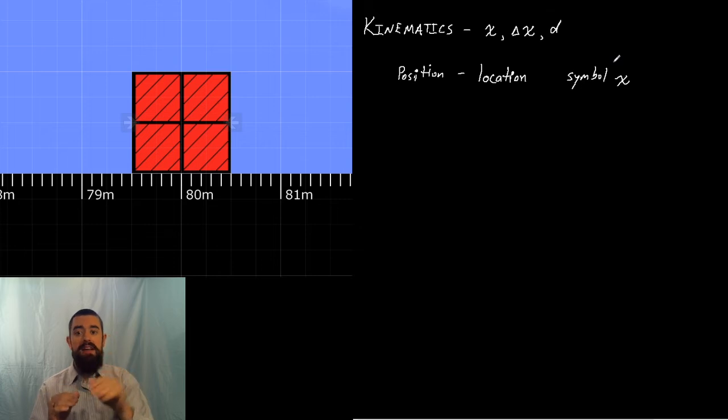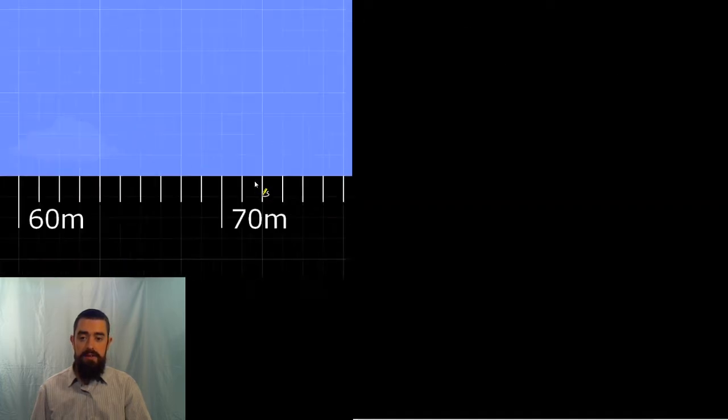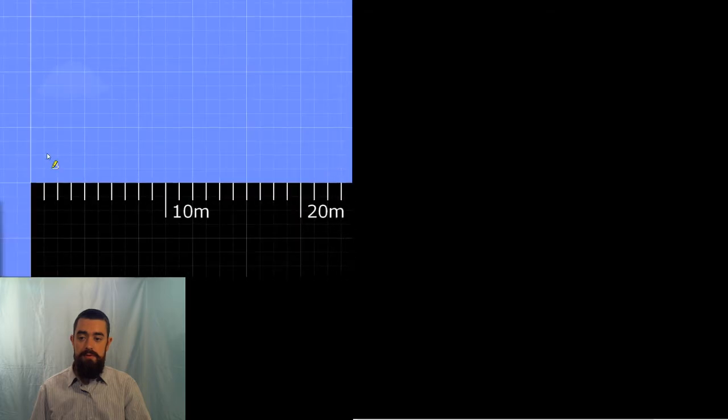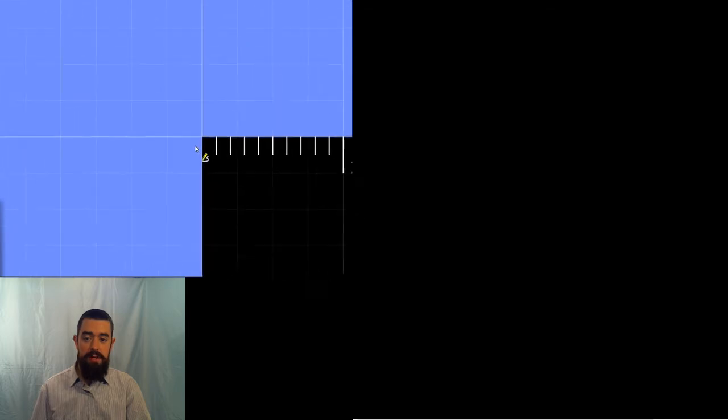We can choose that, and then after we choose where X is 0, anything to the right of that would be a positive X, and anything to the left of that would be a negative X. So in this simulation, the position is currently at positive 80 meters because we've defined this point right here to be 0 meters.